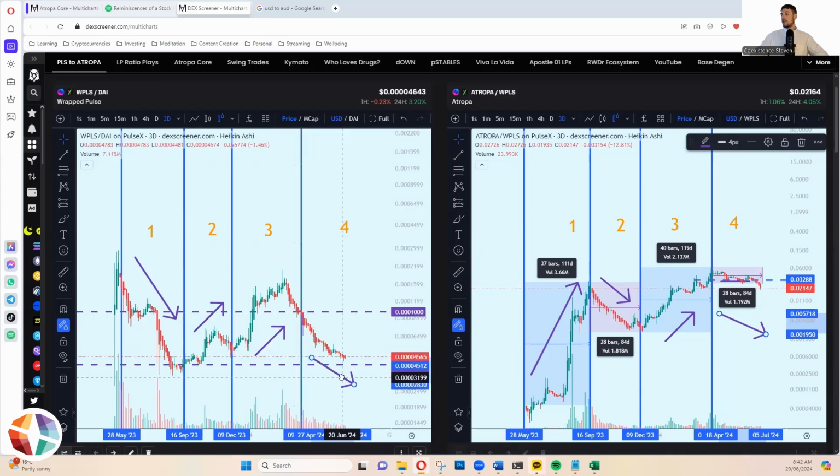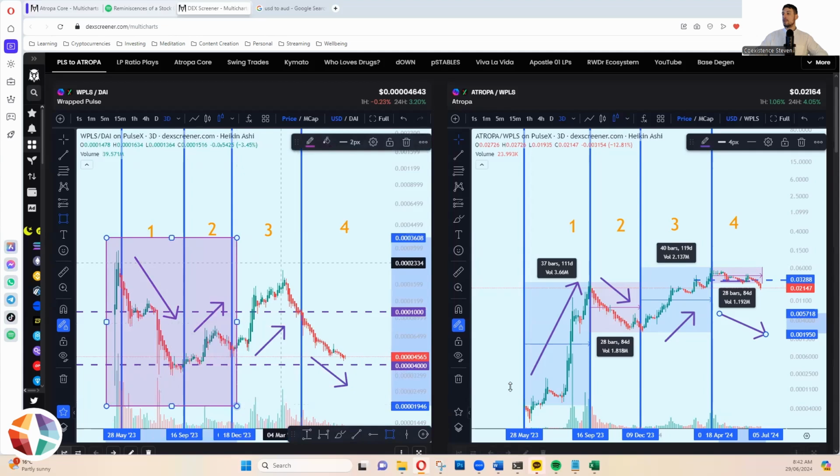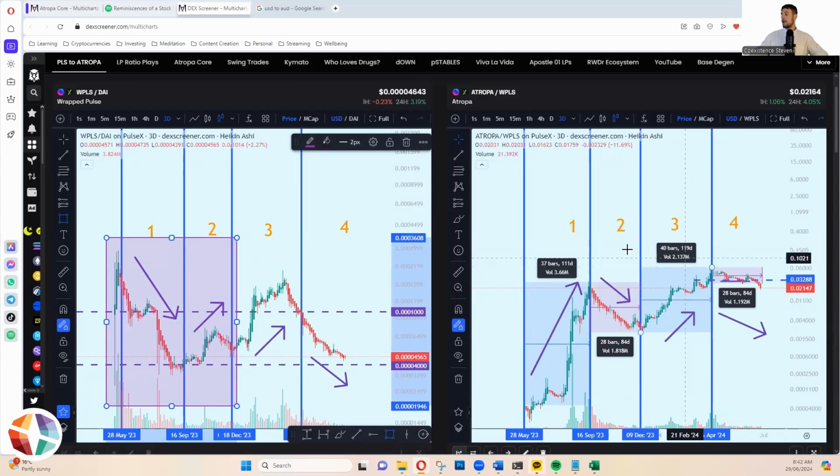Now, why am I showing this? One thing that's very interesting is that a lot of liquidity within this period of time flowed into Pulsechain, flowed into Atropa. Now we're starting to see that their movements are interlinked.